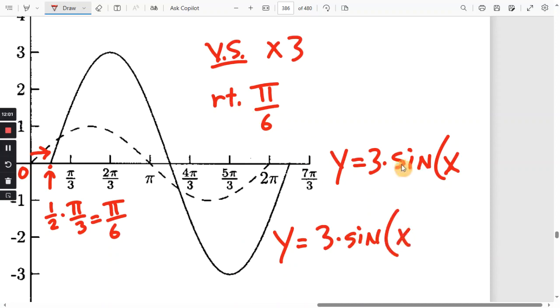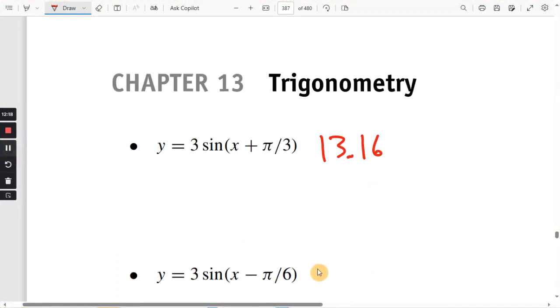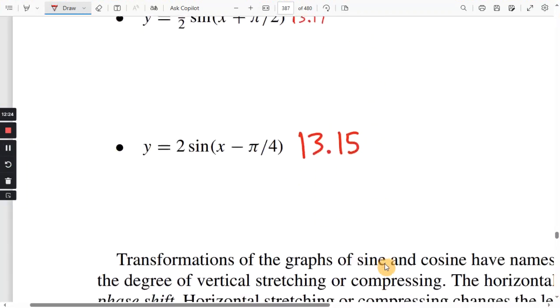It goes right by pi over 6. That means you subtract pi over 6, because when it goes right, you subtract. So that's it, 3 sine of x minus pi over 6. So that was the last one, I think. That was 13.18. Figure 13.18. All right, so we did all 4.